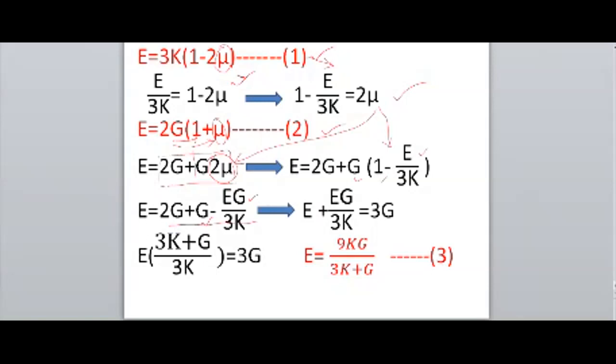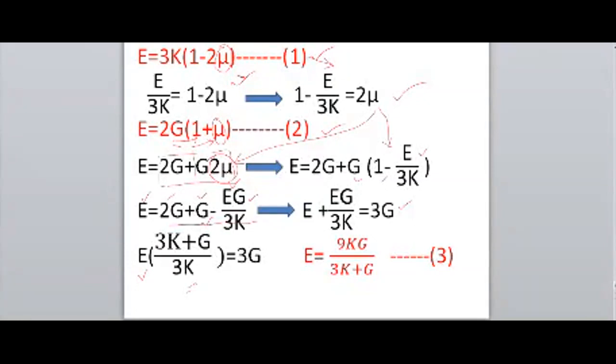Next, here 2g and again 3g, so I need to add it. So I will get a 3g. And here E's are on both sides. Here also we have E and here also we have E. So I am making a common and moving that to the left hand side. So I will get an LCM of 3k, so 3k plus g.